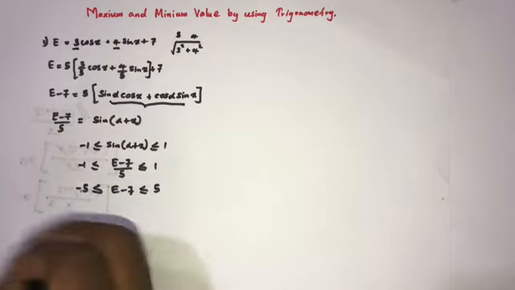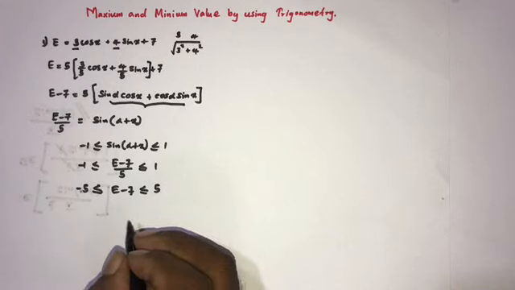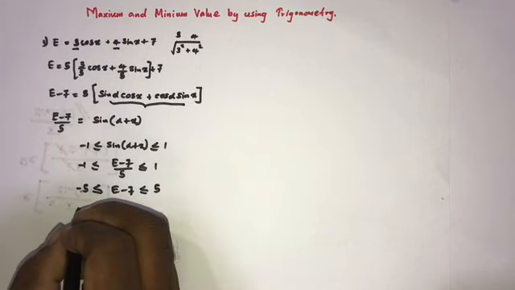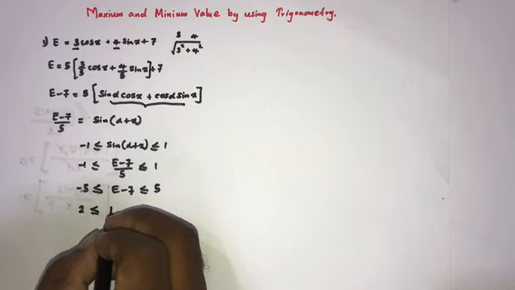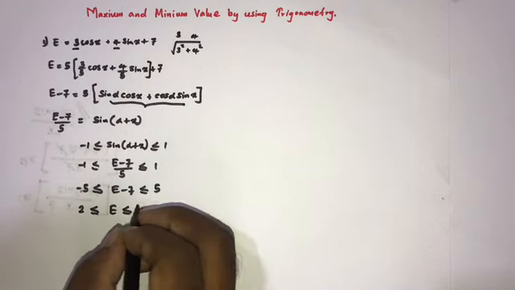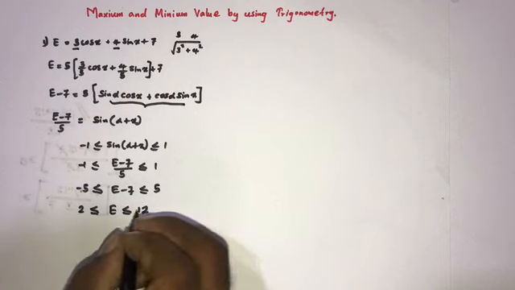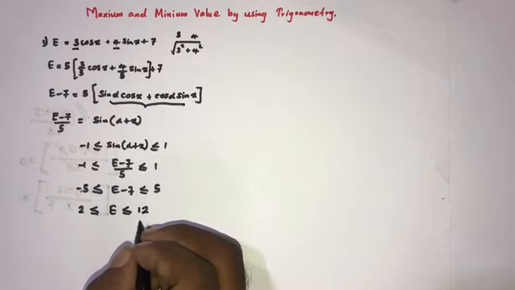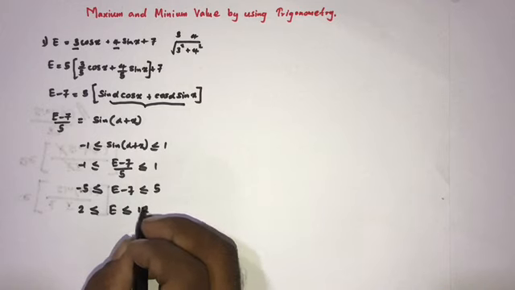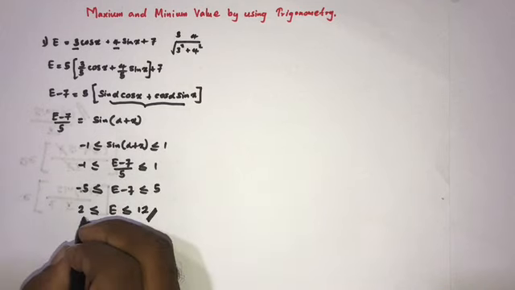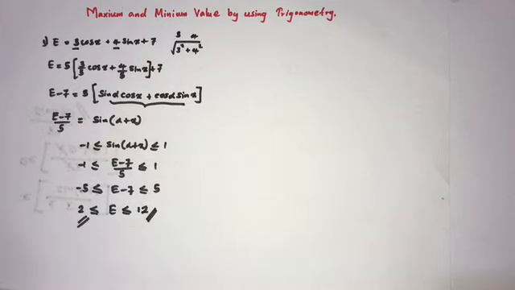Then I'm going to add 7 in all places, so 7 minus 5 is 2, here E, here 7 plus 5 is 12. This is the range of E. So the maximum value is 12 and the minimum value is 2.